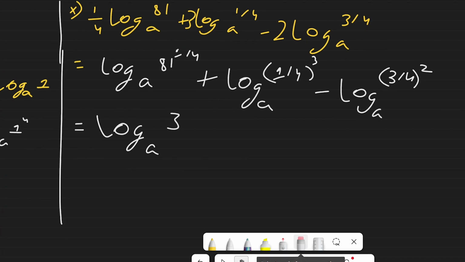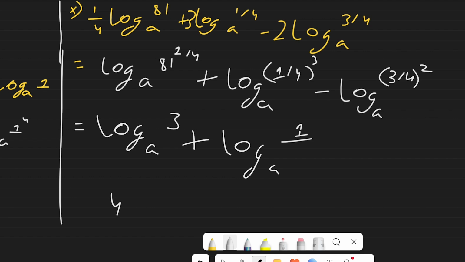After just counter checking, you can do it on your calculators with ease. Then this is plus log of 1 over 4 whole cubed, so it would be 1 cubed over 4 cubed, and 4 cubed is, let me just think, 16 times 4, and that is 64.